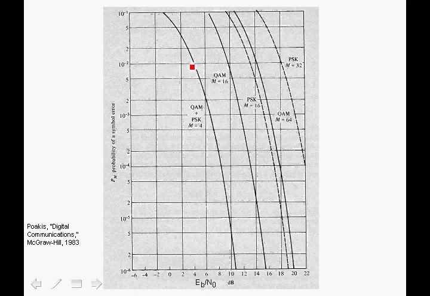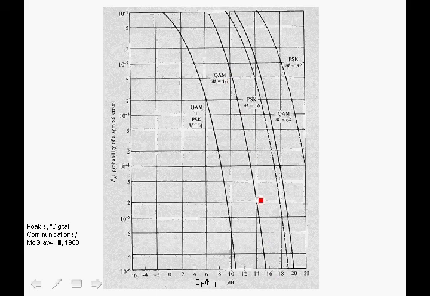Now here we show the probability of error versus Eb/N0 for different modulation schemes. This curve here, we're showing the result for 4-level QAM, which is just QPSK. So 4-point QAM is the same as QPSK, quadrature phase shift keying. And in this case, we obtained the curve shown over here. And notice that again, at Eb over N0 equal to 10.5 dB, we get an error rate of 10 to the minus 6. For 16-point QAM, we obtained a curve over here.